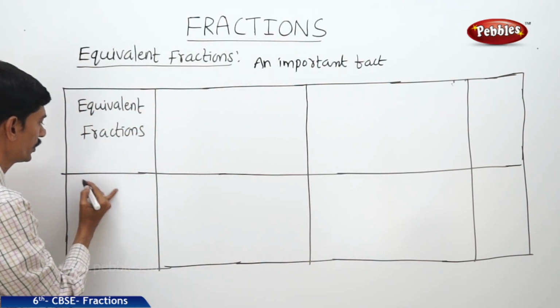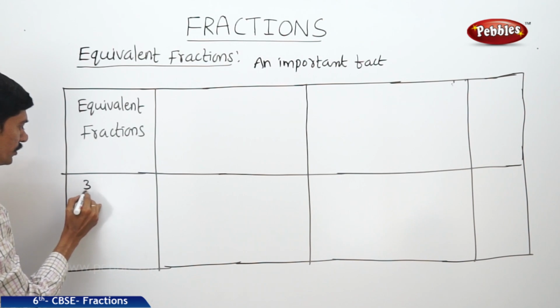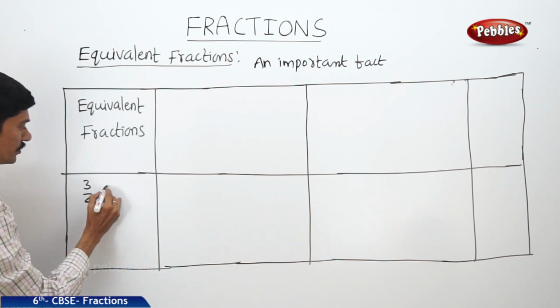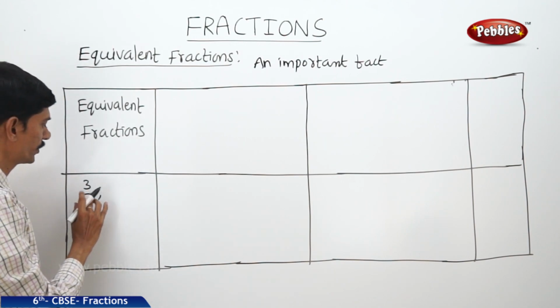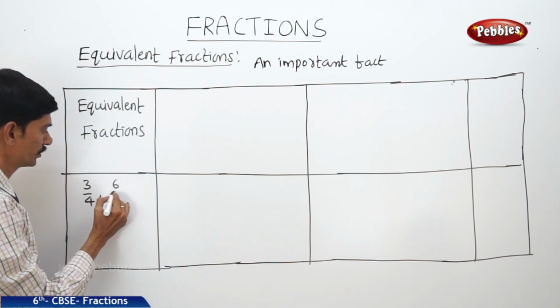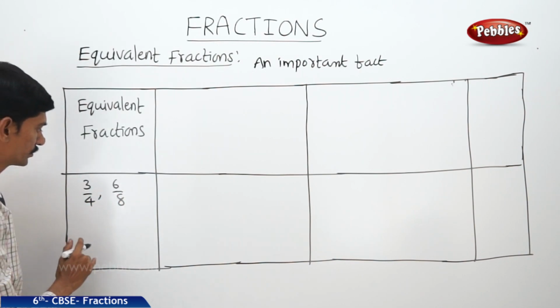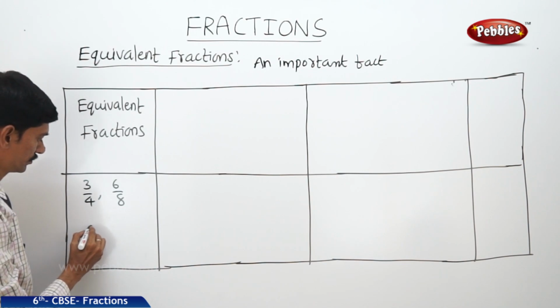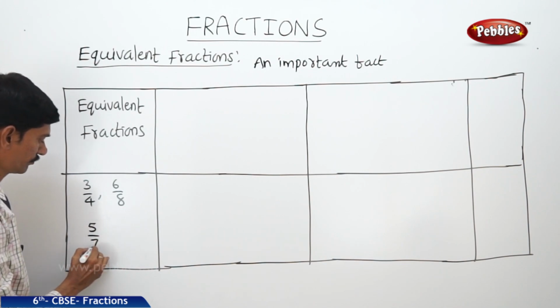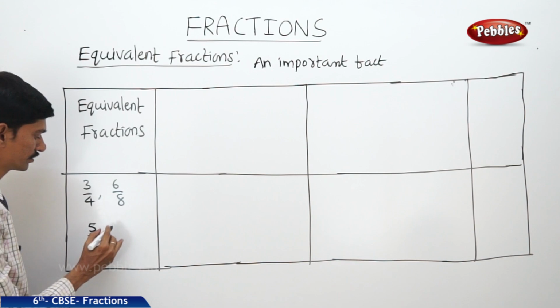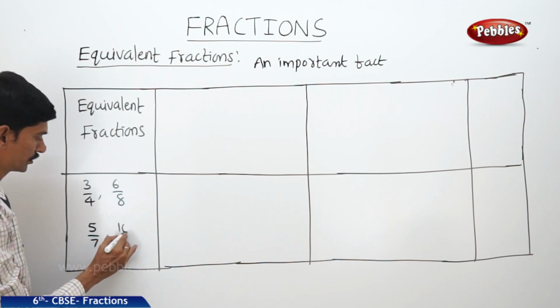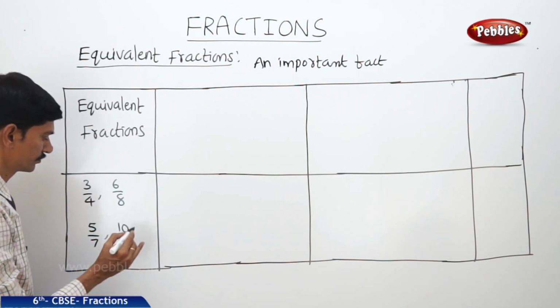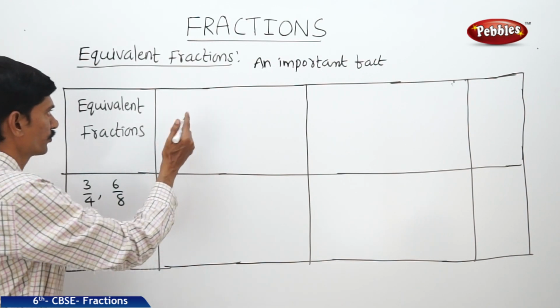Now the equivalent fractions, for example 3 by 4, and the equivalent fraction of 3 by 4 is 6 by 8. And in the second case we take 5 by 7 and its equivalent fraction is 10 by 14.